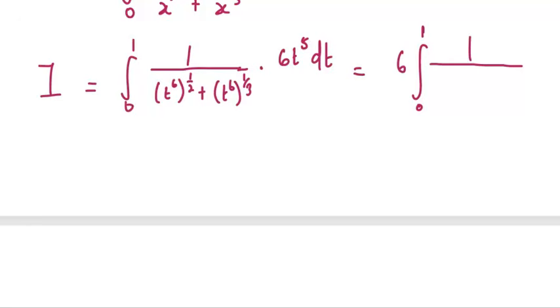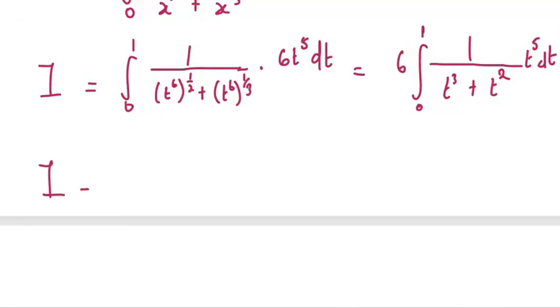So we have t raised to the power of 6 times 1 over 2, giving us 3, right? So we have t raised to the power of 3 plus t to the power of 6 times 1 over 3, giving us 2. And don't forget our t to the power of 5 dt.